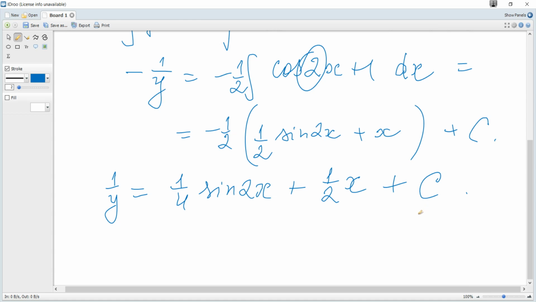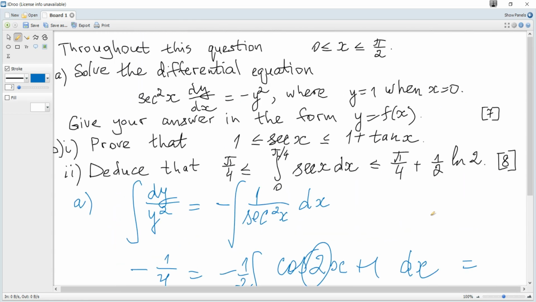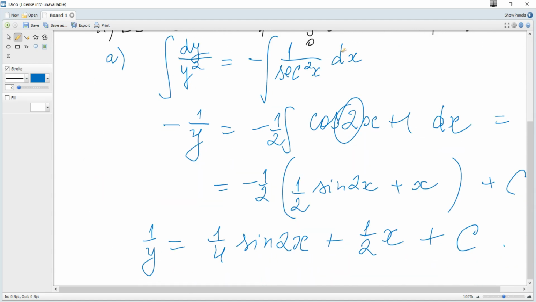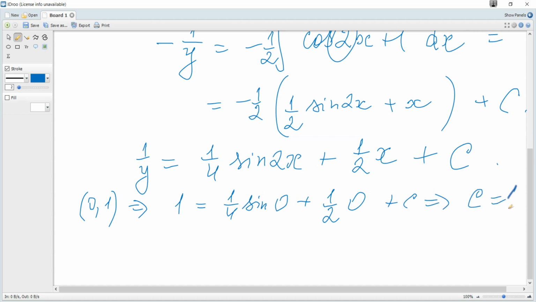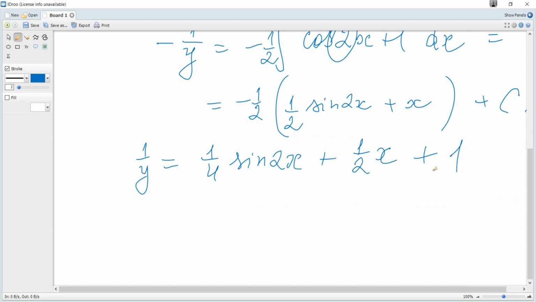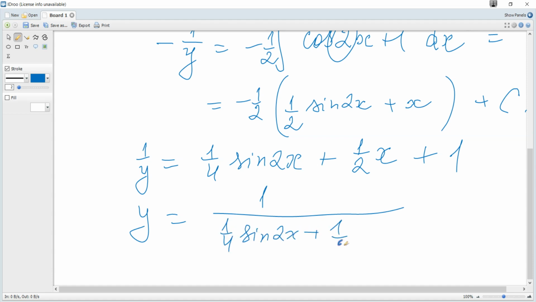And to find c we need some point, and the point given is 0, 1, so substituting 0, 1 we get 1 over 1, 1 is what? 1 over 4 sine of 0 plus half times 0 plus c, so c is 1. So finally 1 over y is this plus 1, and hence y becomes what? 1 over 4 sine of 2x plus a half x plus 1.